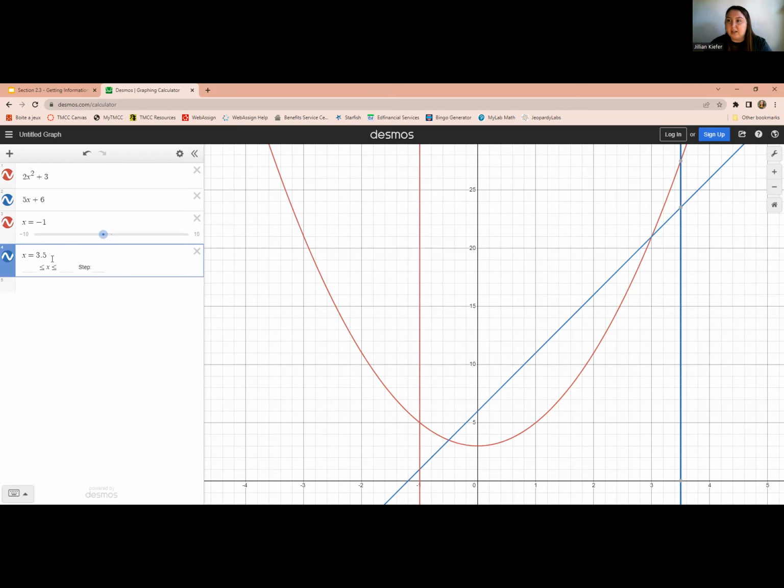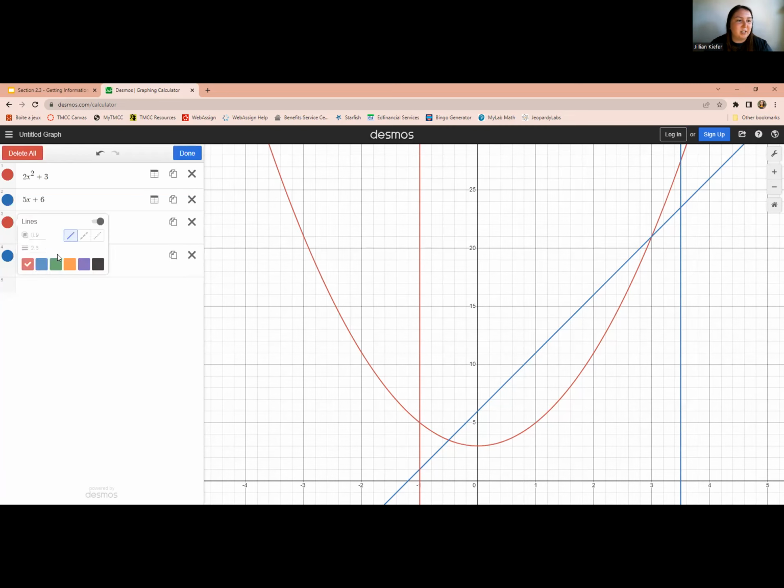Should be able to get it in our frame here. Let's pick some different colors. Let's not have red and blue again here. So we'll go with green and purple. All right, so we see that on these two x values, yes, our red graph is above our blue graph.